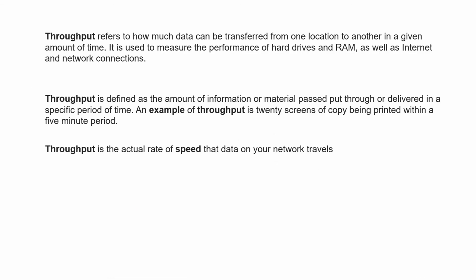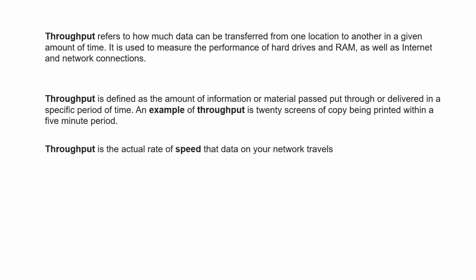So now let us understand something about throughput. Throughput refers to how much data can be transferred from one location to another in a given amount of time. It is used to measure the performance of hard drives and RAM, as well as internet and network connections.